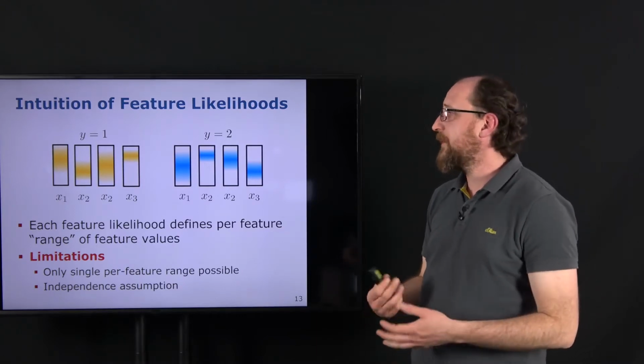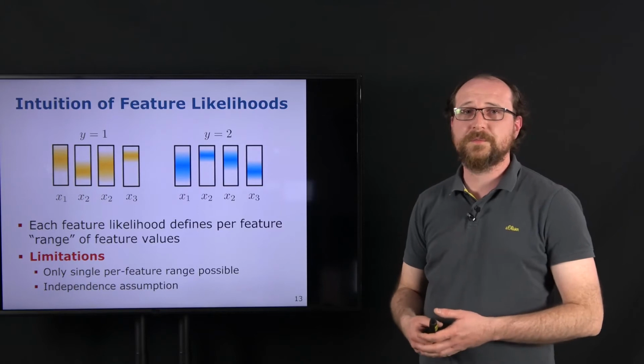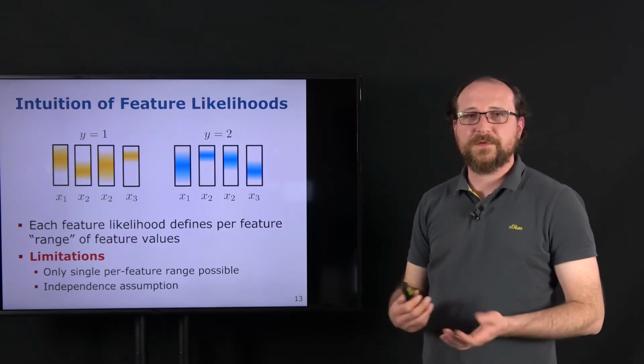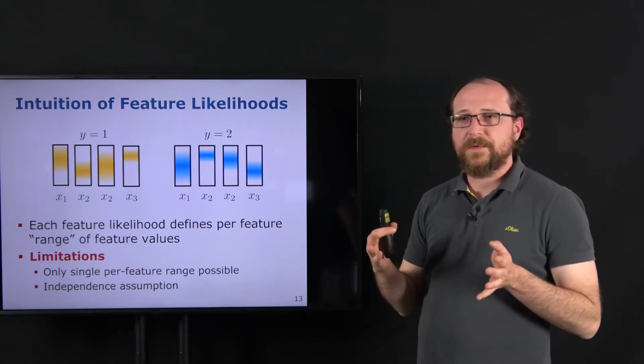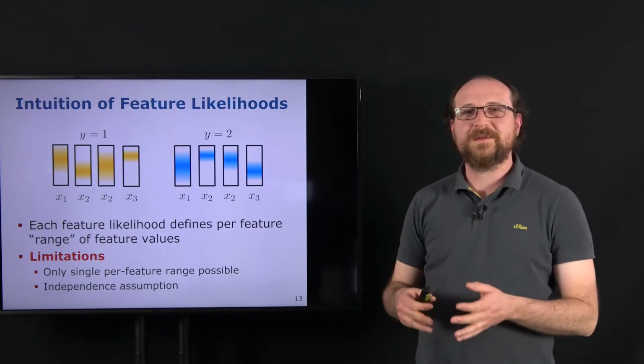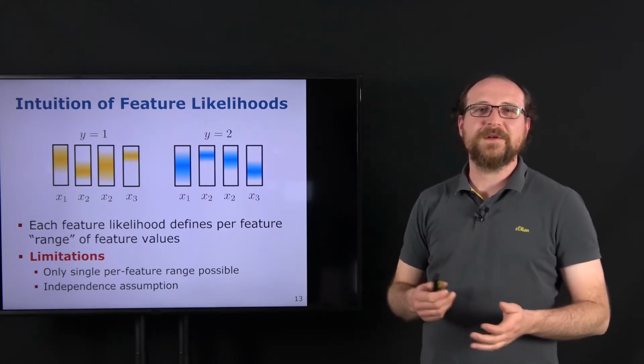For instance, for images, it's not reasonable to assume that neighboring pixels are independent from each other, because we are maybe capturing the same object, and on the object, the pixels nearby have some relation to each other.